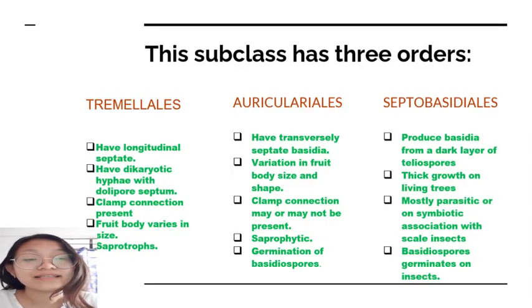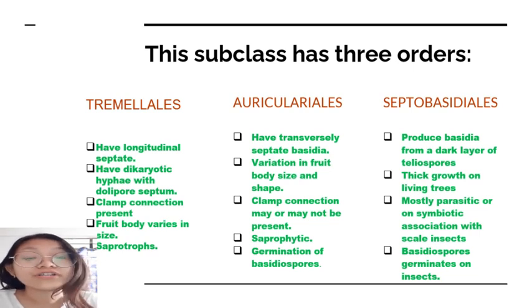This subclass has 3 orders, namely Tremellales, Auriculariales, and Septobasidiales. Some of their important characteristics are: for the order Tremellales, they have a longitudinally septate basidium, and they have dikaryotic hyphae with dolipore septum. There is presence of clamp connections, and the fruit body varies in size. They are mostly saprophytic.